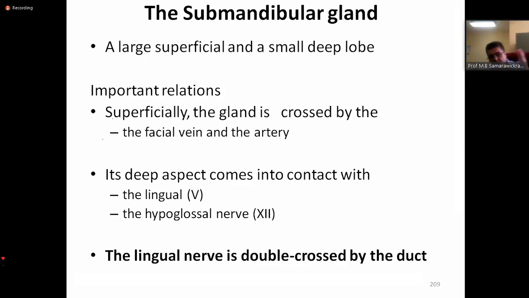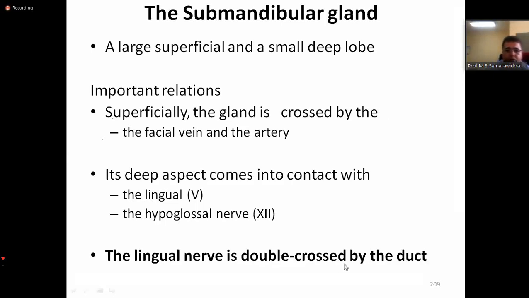Therefore, you can remember there are 4 nervous structures that can be damaged during submandibular gland excision. That is the submandibular ganglion, lingual nerve, hypoglossal nerve, and the marginal mandibular branch of the facial nerve.